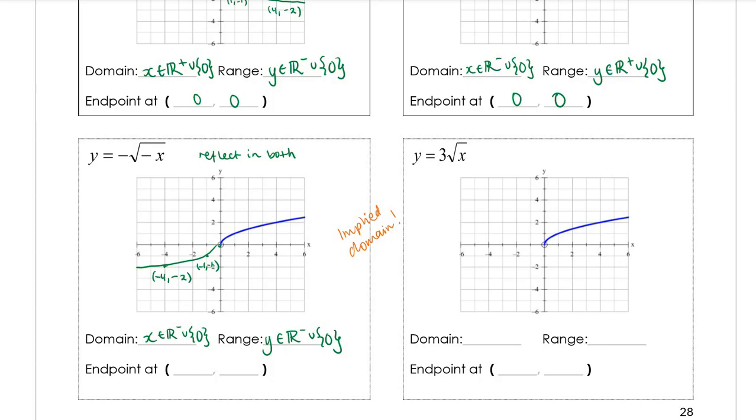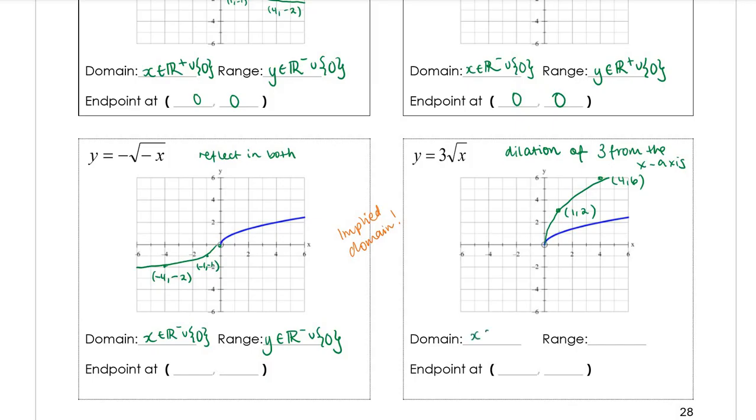That's an implied domain. Now, this one here, we've got the 3 on the outside. So it's a dilation of 3 from the x-axis. That means this (1, 1) is going to become (1, 3), and that (4, 2) would become (4, 6), etc. That's just because we're multiplying all our values by 3.